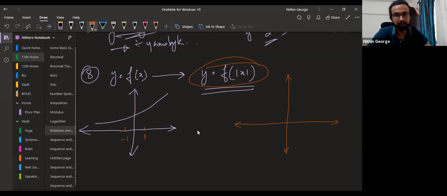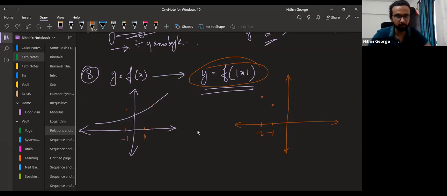And at the point minus 1, I should get f of 1 itself. So f of 1 should come here. Like this, I mark f of 1. What about minus 2? So I'll mark f of 2 out and then give that to f of minus 2.